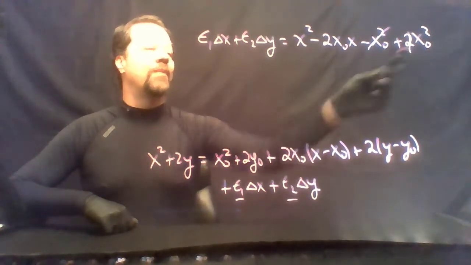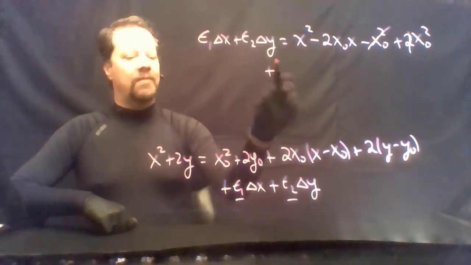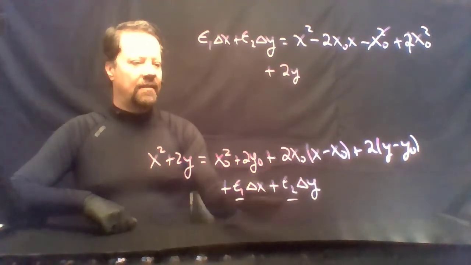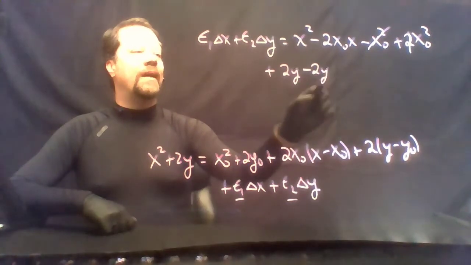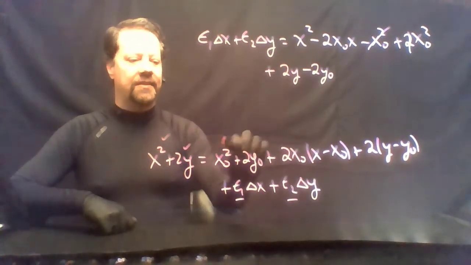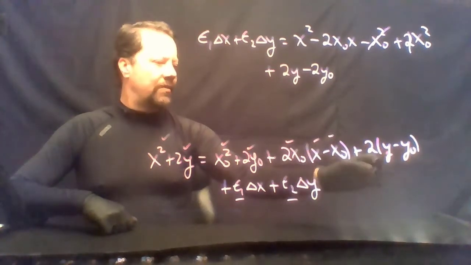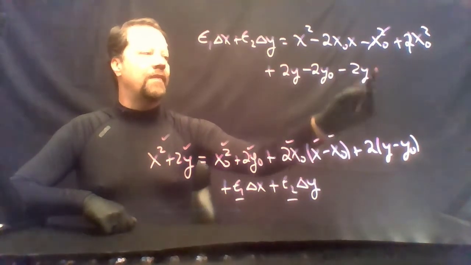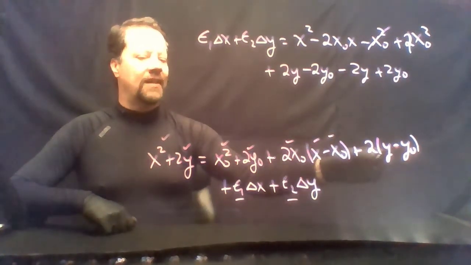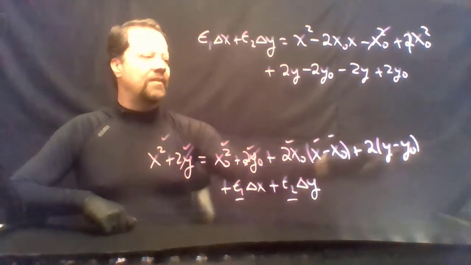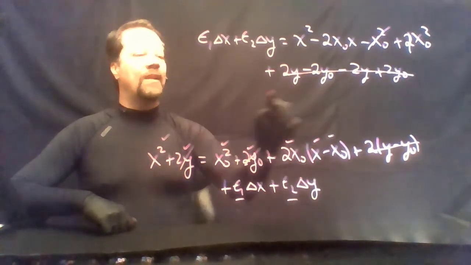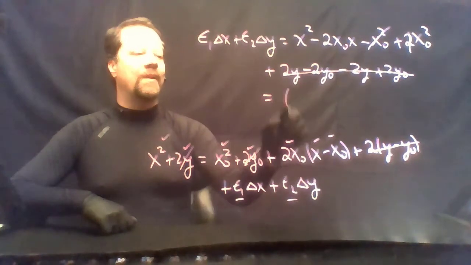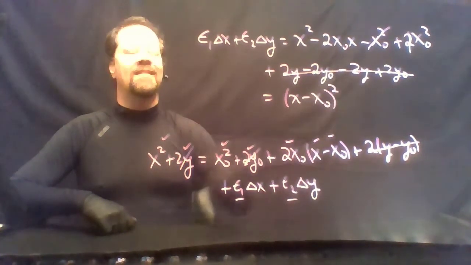This will cancel with all but one of those. Plus, we have this 2y. We have minus 2y naught. That takes care of this. We have minus 2y and then plus 2y naught. So all of these cancel. We're left with x squared minus 2 x naught x plus x naught squared. That's x minus x naught squared.